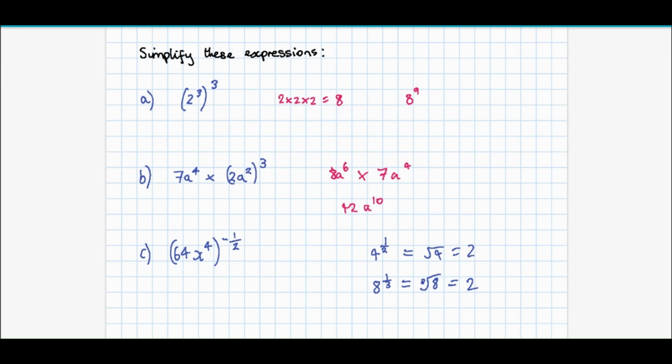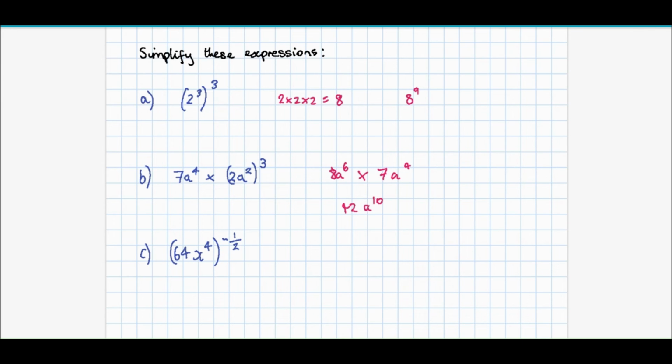For example, if we had 8 to the power of 2/3, what we're going to do is cube root it first, which is going to be 2, and then we've still got this to the power of 2 on the top here. So it's going to be 4. So that's how you use fractional powers.